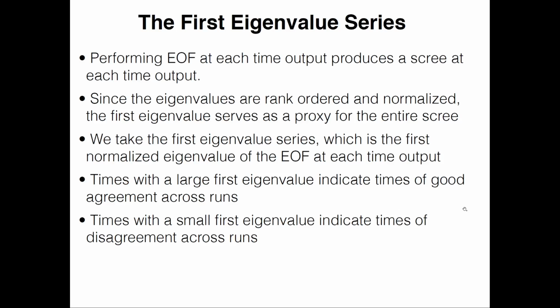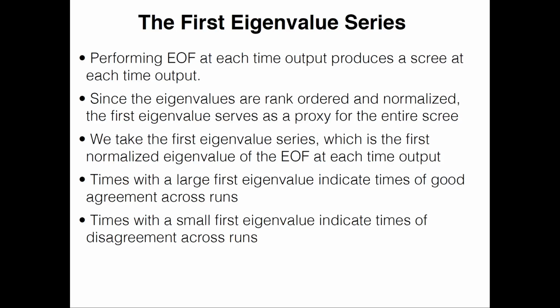So performing EOF at each time output produces a scree at each time output, right? One of the outputs from the EOF algorithm is all the eigenvalues. And if you normalize these, you get the scree. They are the rank ordered and normalized eigenvalues associated with all the eigenvectors.